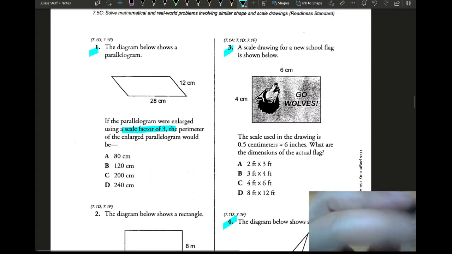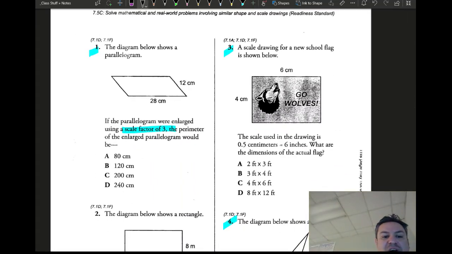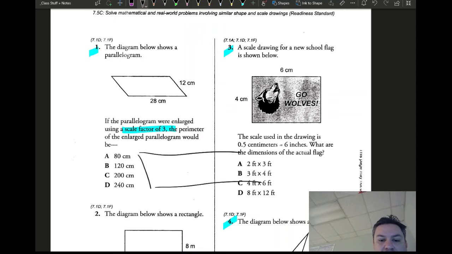So the new parallelogram, I'm not going to draw it to scale because I don't have space, but I'm going to try. The scale factor is 3, so I multiply this by 3, multiply that by 3, and then I get my new sides. 28 times 3 is 84, so this is 84, therefore this is also 84, and 12 times 3 is 36, therefore this is also 36, okay?